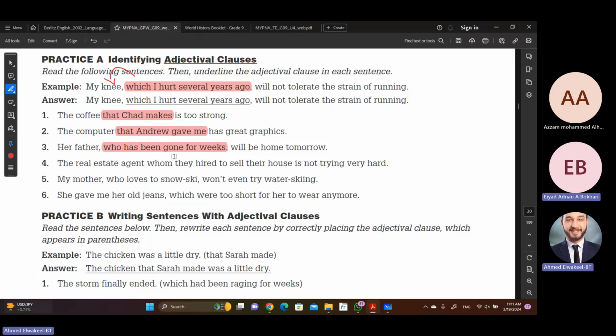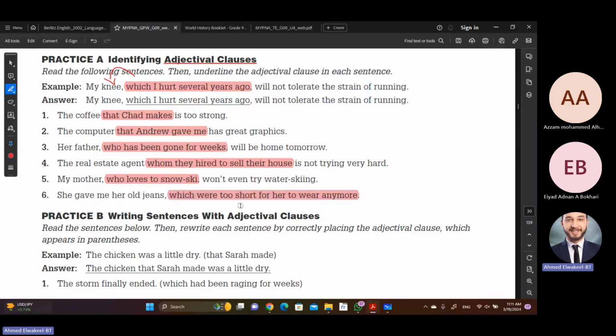Whom they hired to sell their house. Nice. My mother, who loves to snow ski, won't even try water skiing. Who loves to snow ski. She gave me her old jeans, which were too short for her to wear anymore. Which were too short for her to wear anymore.